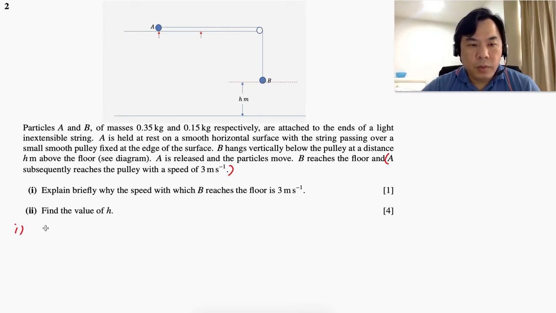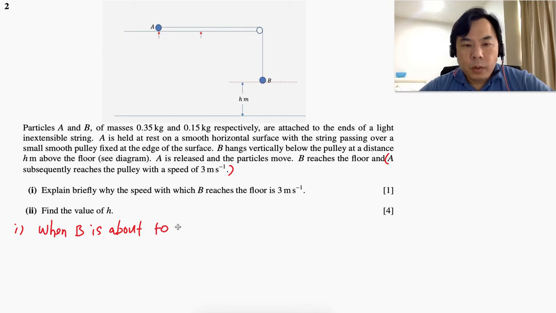Now, just before B is about to reach the floor, okay, sorry about that, there's a delay here.